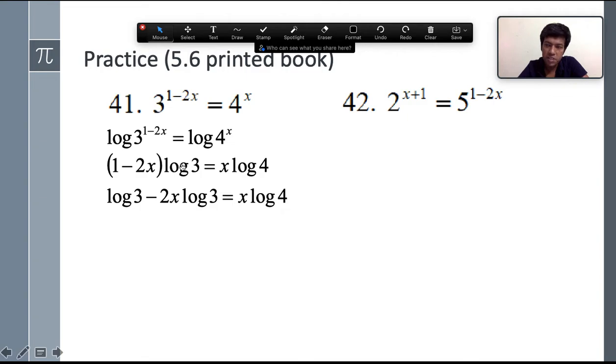So we can distribute this for 1 and for twice x because it is a multiplication, right? Suppose a into x plus 1, then a into x, then 1 into a. So we can distribute it. So log 3 and log this. We multiplied log 3 with 1 and log 3 with twice x.